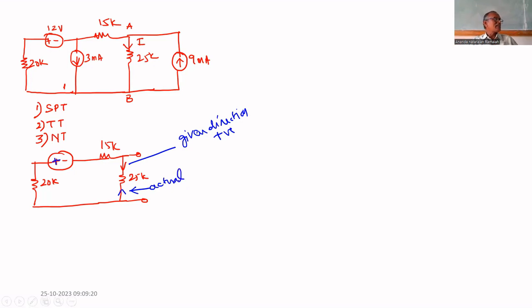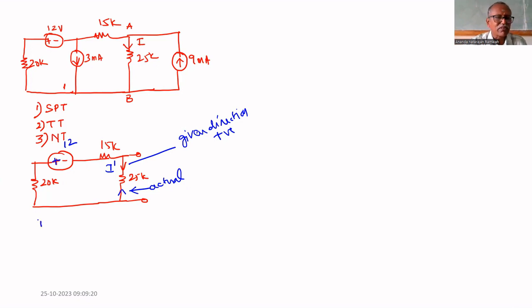That's why the current answer must be negative. We have to find I dash. Now the current through this is I dash. Why I dash? I single dash, because we considered the first source. What is the current through this? Very simple: 12 volt divided by the sum of all these resistances.